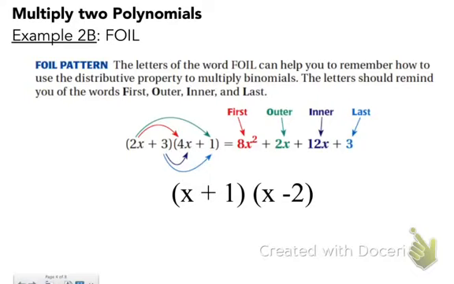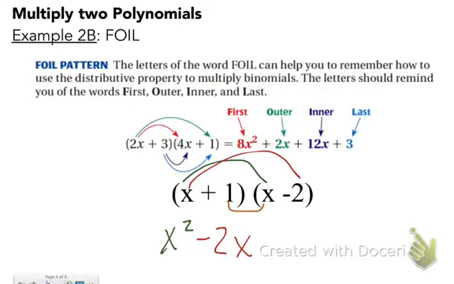So if we try that with the same one, x times x gives us x squared. That's first. Outer, x times negative 2 gives us minus 2x. Inner would be the positive 1 times the positive x. So that's plus x.